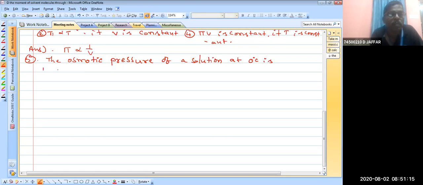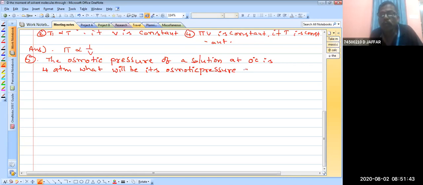What will be its osmotic pressure at 546 Kelvin under similar conditions?